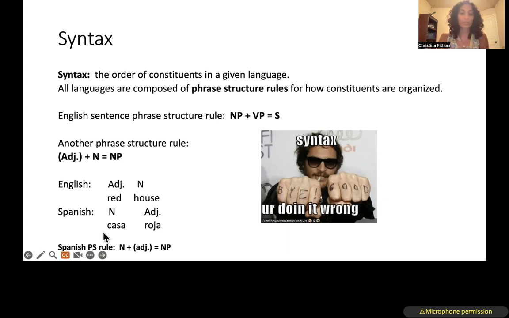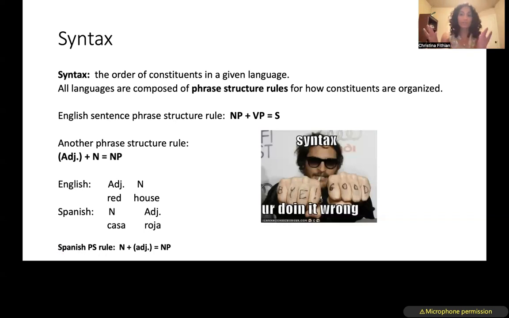So let's look at how that plays out in English. Well, I can say there is a red house on the corner, or just there is a house on the corner. House is a noun phrase, and red house is a noun phrase too. So I get any adjective, and then I follow it with a noun. I'm going to have a noun phrase.